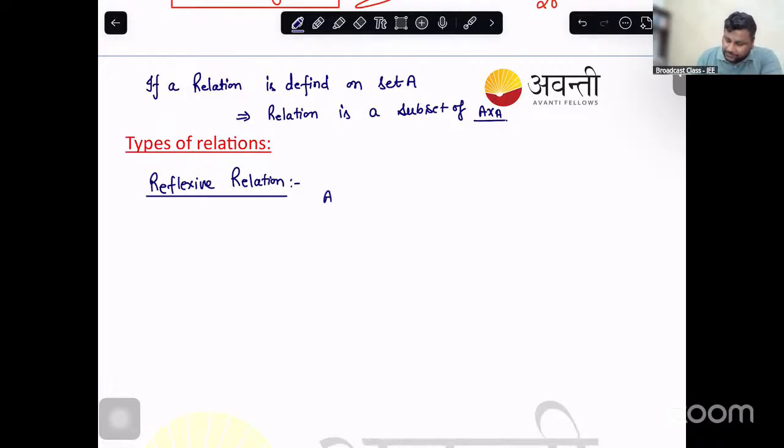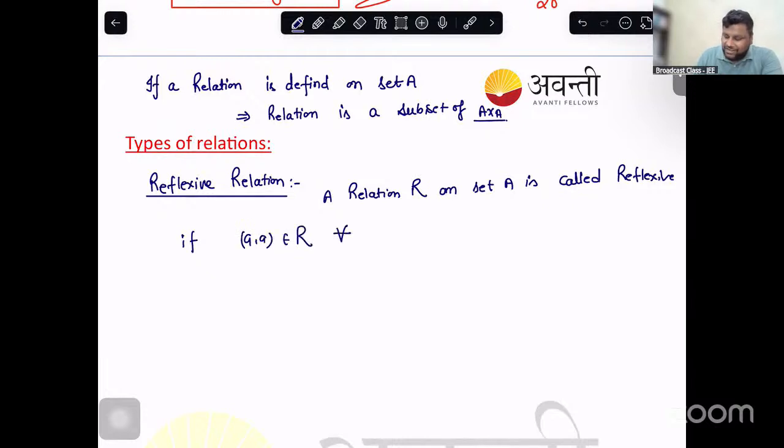A relation R on set A is called reflexive if (a, a) belongs to R for every a belongs to A. Means whatever the elements are there in A, every element is related to itself. If every element is related to itself, then we call it a reflexive relation. Understood? Each element should be related to itself.